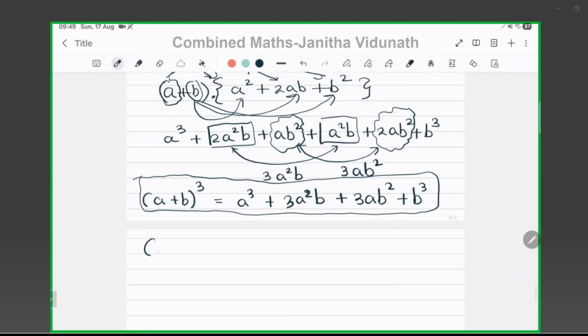Similarly, we can get the expansion of a minus b whole cube as a cube minus 3a square b plus 3ab square minus b cube.